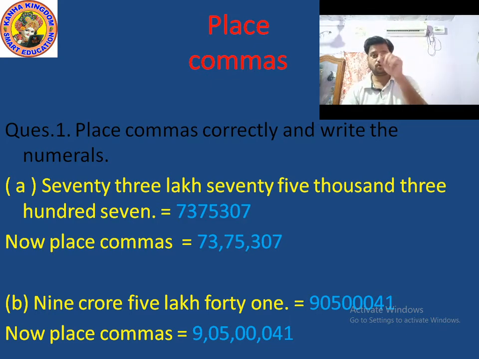9 comma, because 9 is in crore place, and you all know that crore means 3 commas. Okay, so 9 comma, 5 lakh means 0 5 comma, no digit in thousand period, 0 0 comma, no digit in hundreds place, 0, then 4 1.